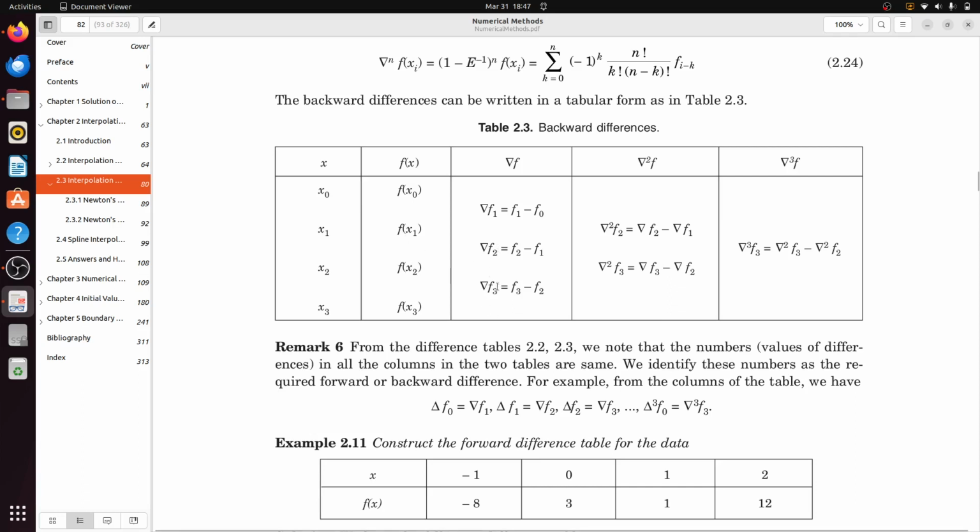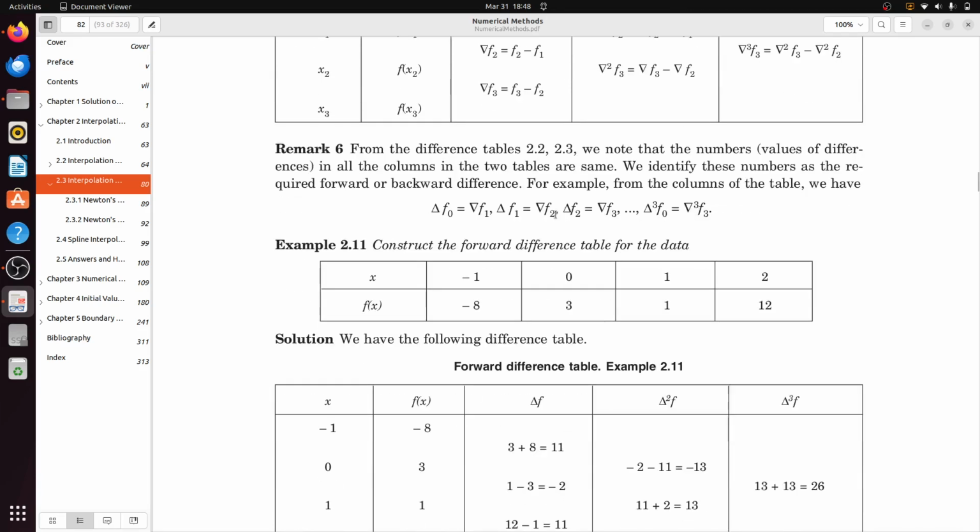Then nabla of f3 will be f3 minus f2. Then nabla square f2 will be nabla f2 minus nabla f1, and that is how you need to move to compute these backward differences.